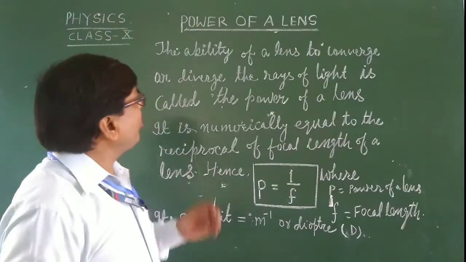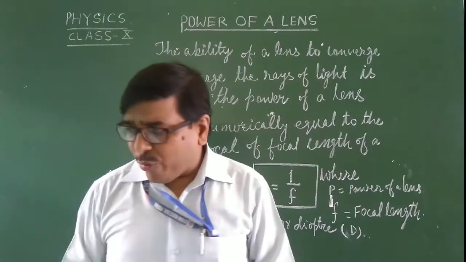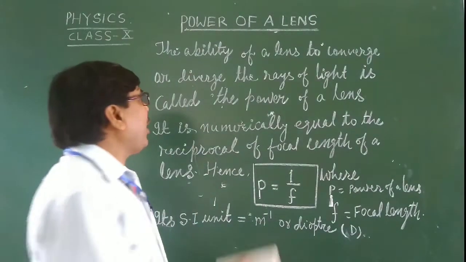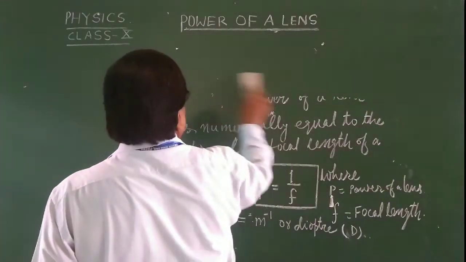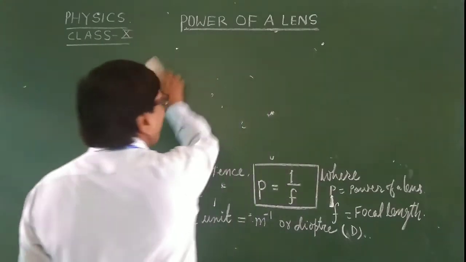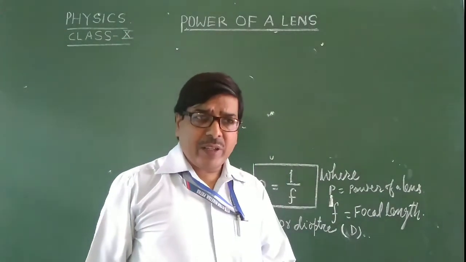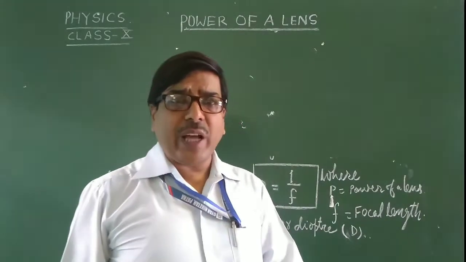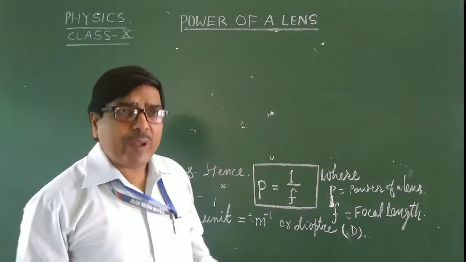Okay, so how can we define power of lens? Power of lens can be defined as the degree to which the light rays falling on a lens are converged or diverged, measured in terms of power of lens.